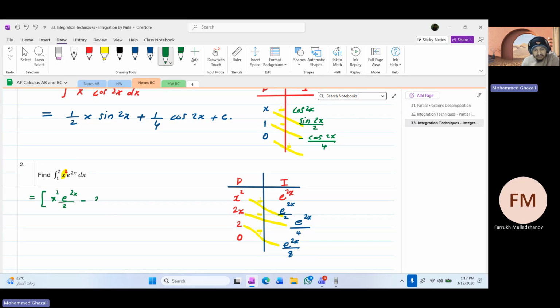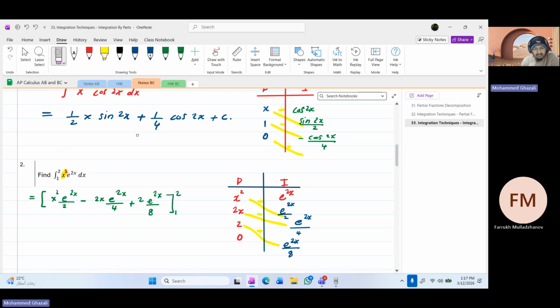So minus 2x e to the power 2x over 4. All right, e to the power 2x over 4. Then we have plus 2 e to the power 2x over 8, and is integrating from 1 to 2.